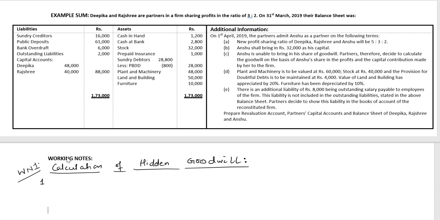The first step, net worth of the firm based on Anshu's capital.